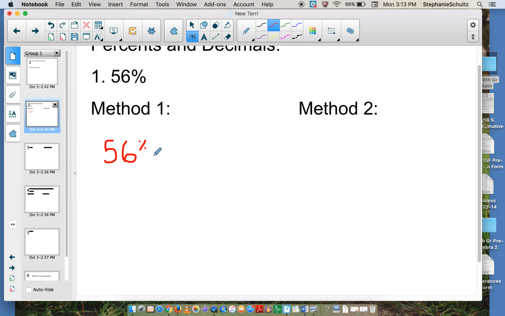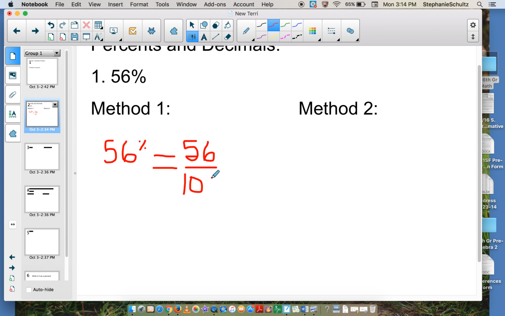This is something that's very simple to us at this point, hopefully. And we know that percent is out of 100, so therefore if I want to change it into a fraction, we're going to make it 56, oops, that's a 5, everybody, that's a 5. 56 over 100.